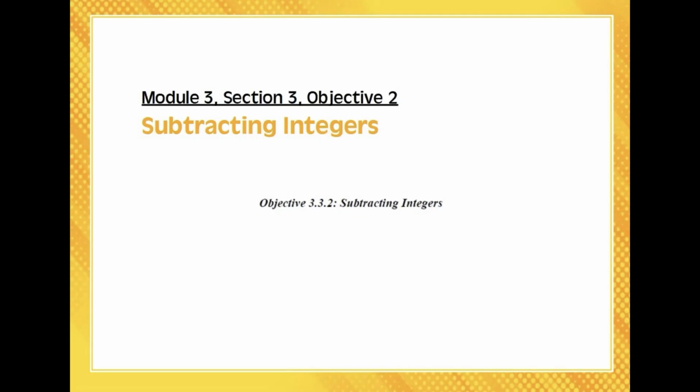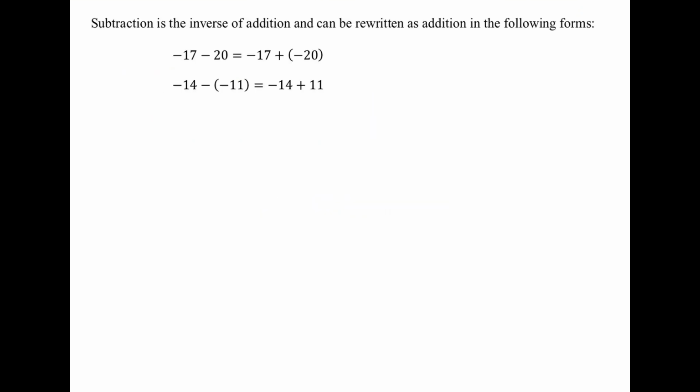in this section, which is actually subtracting. Okay, so subtraction is the inverse of addition, right? Because you undo add problems by subtracting and you undo subtract problems by adding. You check them, right? Okay, and it can be written like we just did on the other page. Okay, they just threw parentheses in. So we're going to change this subtract to add, and the opposite of 20 is negative 20.